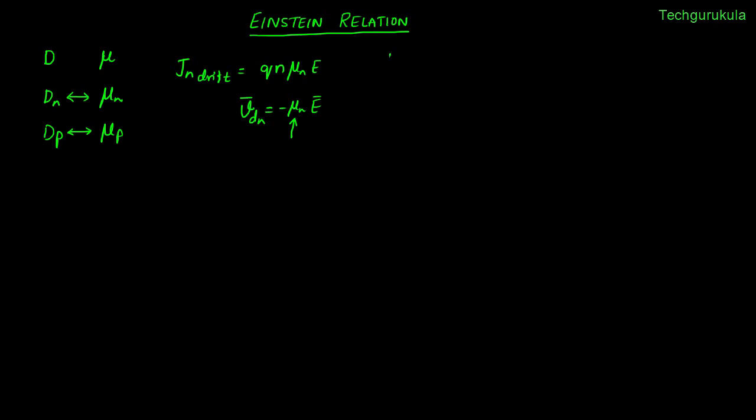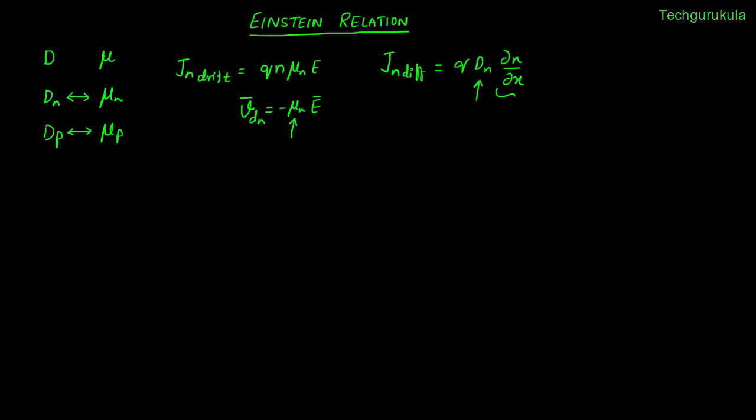Now let's look at the diffusion current that we defined, which was equal to q times Dn times ∂n/∂x, where Dn was the proportionality constant we defined, called the diffusion constant or diffusion coefficient of electrons.